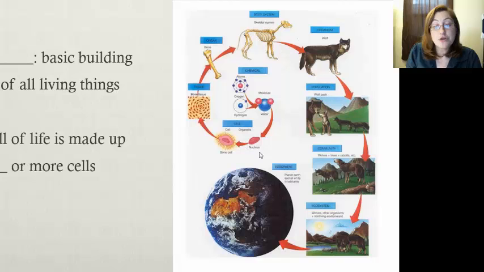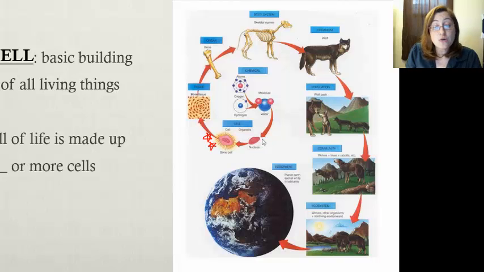Molecules are going to build together to start making parts of cells. For example, the nucleus, we call that an organelle. And then that nucleus is going to be one of the organelles that makes up a cell. And actually right here, the cell is a very important level of organization in life, because the cell is the smallest unit of something that can still be considered its own living thing.